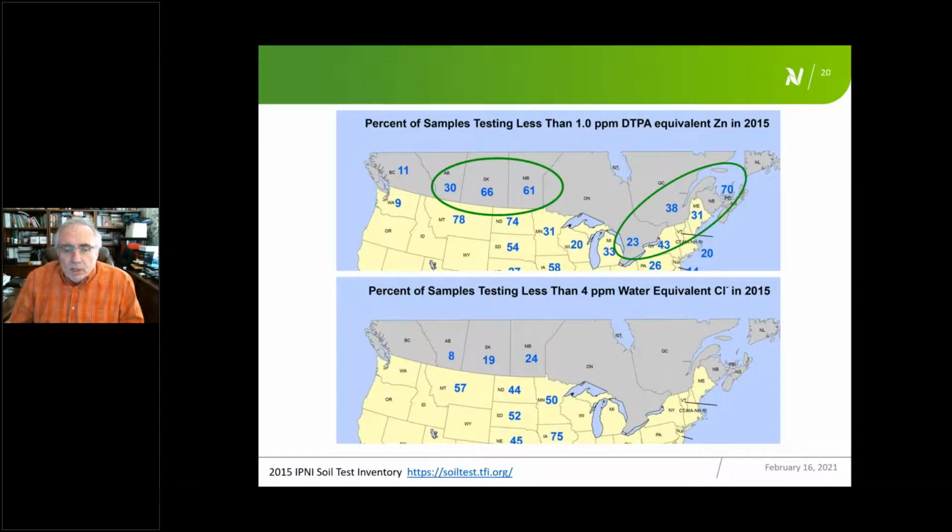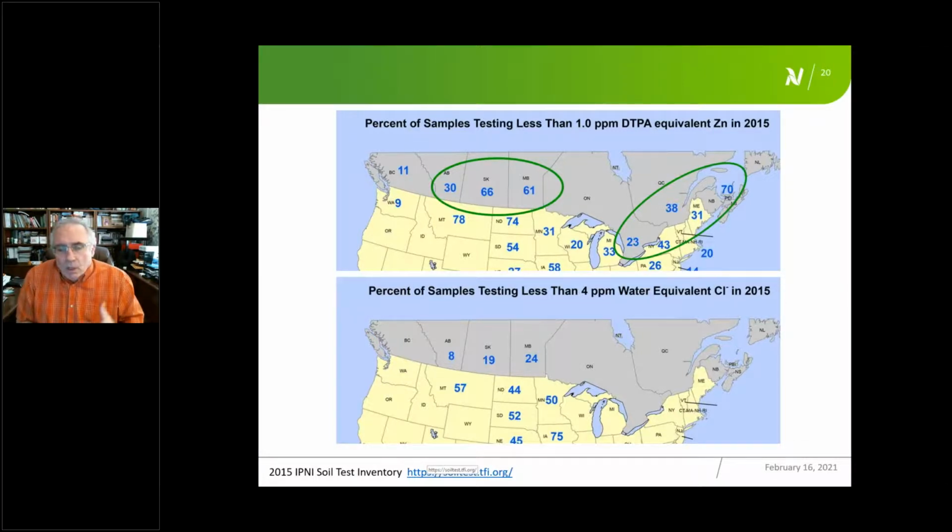Now, it doesn't look to be a major problem in the prairie provinces, but considering that the cereal crops that are prominent in that region are very responsive to chloride and have a high chloride requirement, particularly wheat, it's just something to watch out for on the soil test. Down in the US, there's been a lot of studies on chloride nutrition of wheat showing that response, and it's obvious from the soil test inventory why we see those responses throughout the Great Plains in our wheat producing regions.